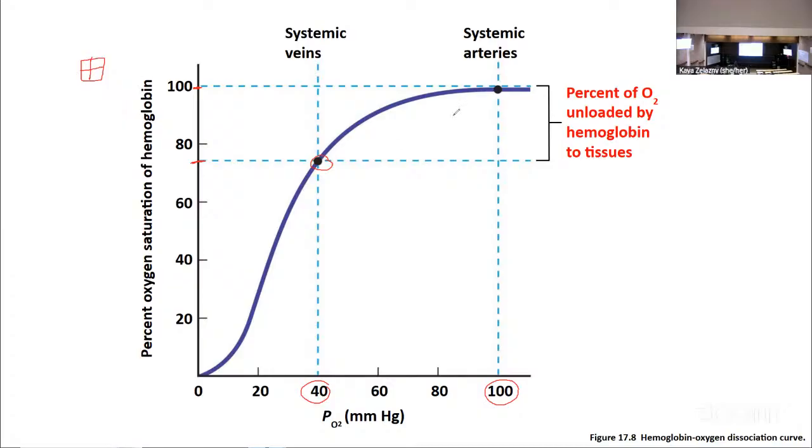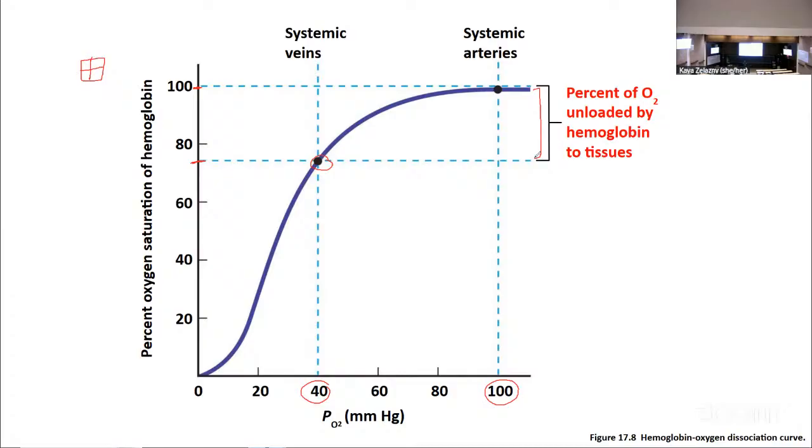But we can actually read more from this hemoglobin oxygen dissociation curve. One of the important things that you're going to want to notice is that difference between the saturation in the veins and the arteries. That's why we're looking at these 2 partial pressures and reading these points. From a conceptual level, why is there a difference in the saturation of oxygen in an artery versus a vein?